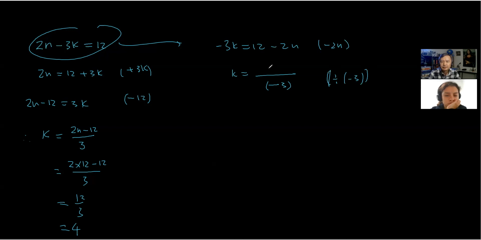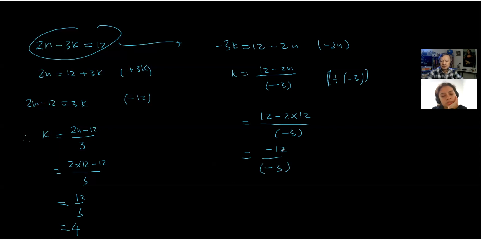So we got 12 minus 2n, divided by negative 3, and that is k. n is 12, so 2 multiplied by 12. That would be negative 12 divided by negative 3. Do you agree? Yes, which would be positive 4.